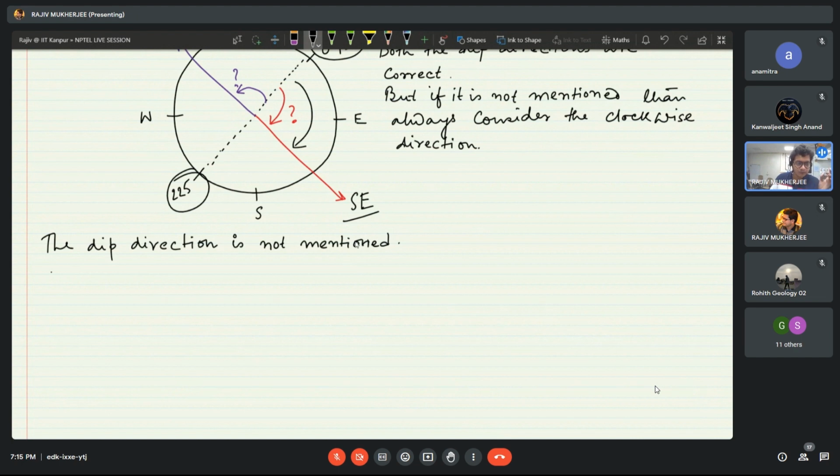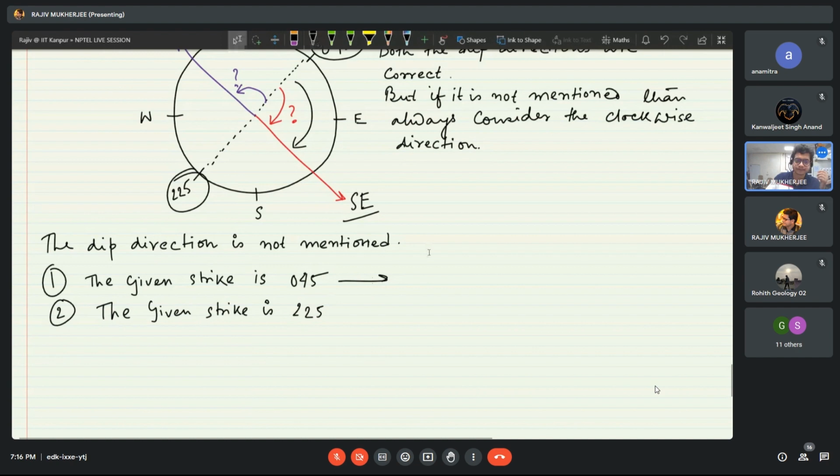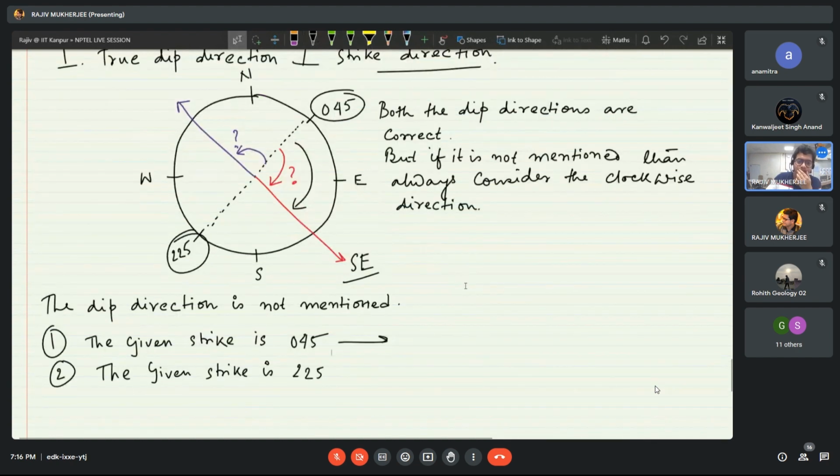Then possibility one, the given strike is 045, and possibility two, the given strike is 225. In this case, the dip direction will be along, any guess?